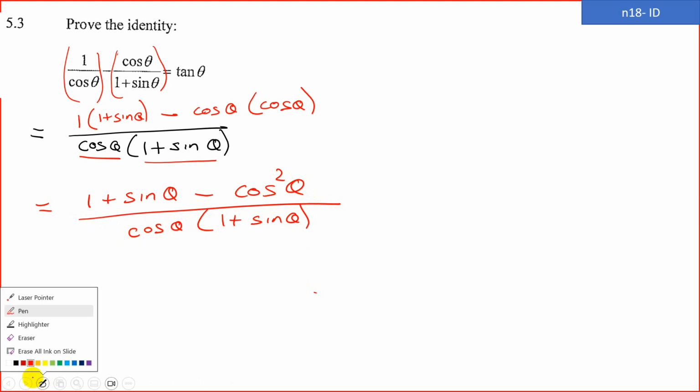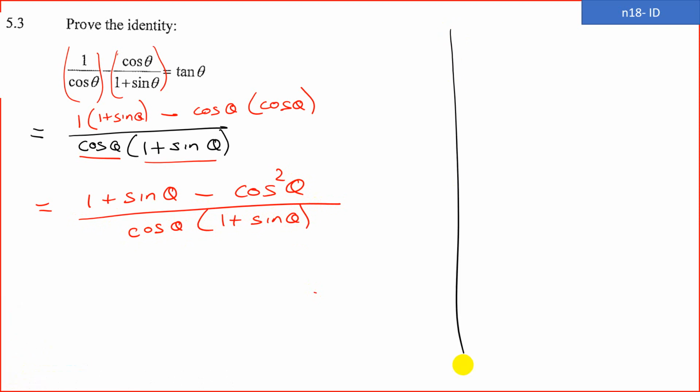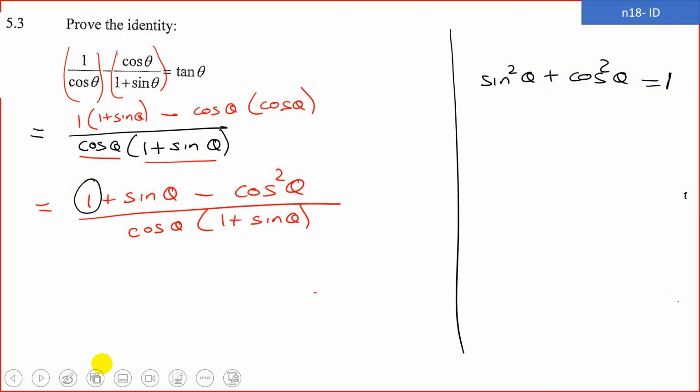Now, I want to remind you of an important formula in trig, which says that sine squared theta plus cos squared theta is actually equal to 1. And we're going to use that because we see a 1 there. So we're going to replace that 1 with sine squared theta plus cos squared theta.